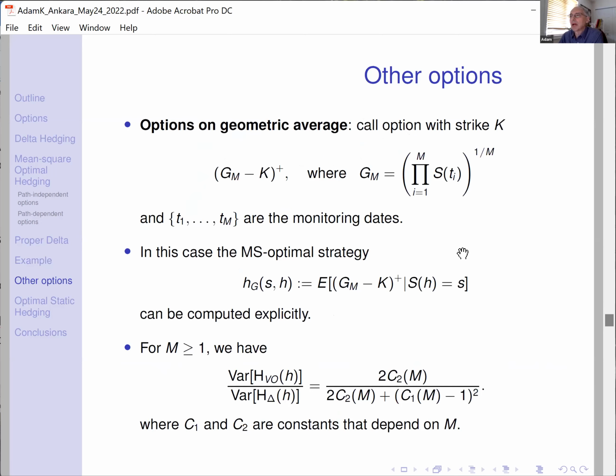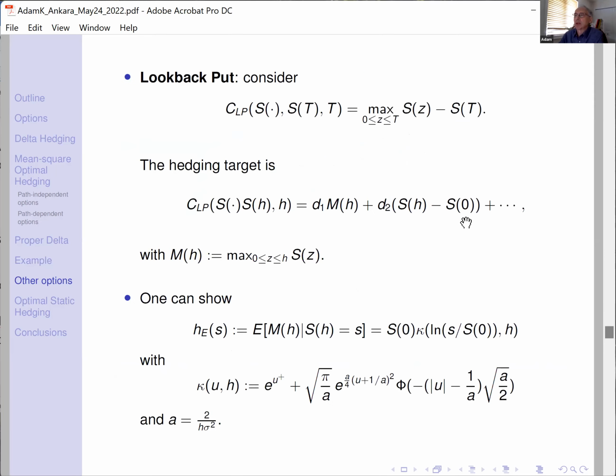Very quickly, other options. Let's look at options that depend on the maximum. We can repeat everything we have done for the Asian option. And the main challenge is to find the conditional expectation of the new state variable. In this case, it is the maximum.